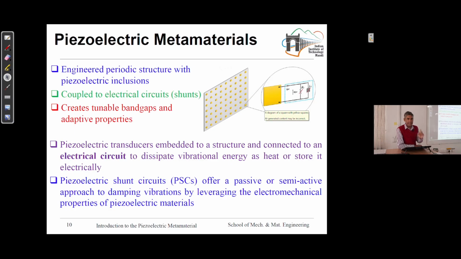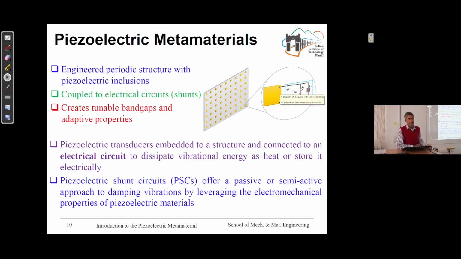But in case of the metamaterial piezoelectric smart structure, we do not need any controller, any actuator, or any battery. The energy comes here and then automatically dissipates into heat energy, and of course the actual vibrations are damped out, right? In the traditional piezoelectric smart structure, we do need a controller for every purpose.